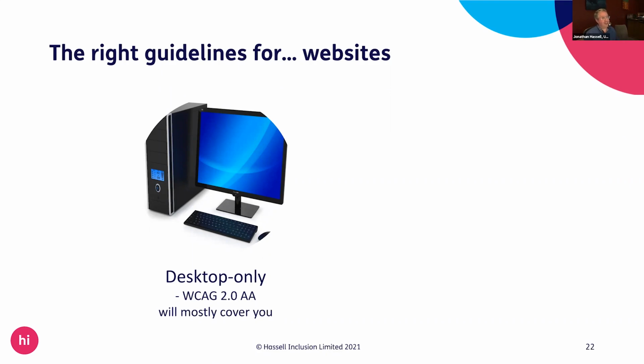We've got clients who do really complex data and trading type systems where you probably don't want to do that on mobile, but even they are saying, actually, we want people to do this out and about. So if you really have desktop only, WCAG 2.0 AA is pretty much enough.